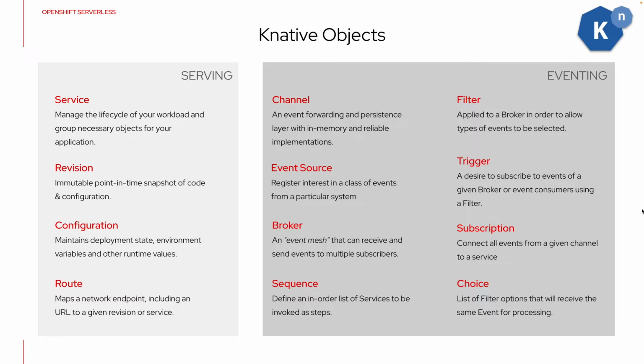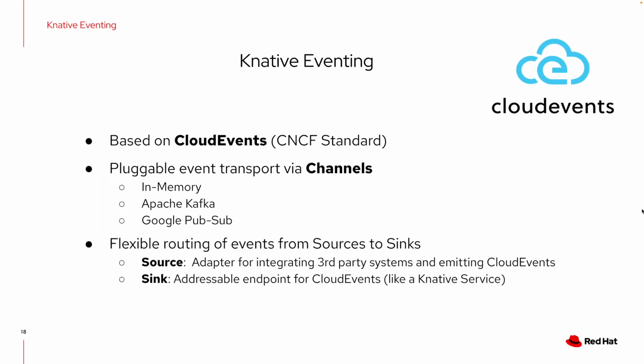Sinks can also be configured to respond to HTTP requests by sending, for example, a response event. The Knative Eventing components are responsible for interconnecting asynchronously all different parts of your distributed application.